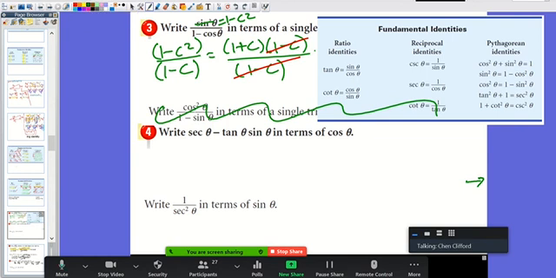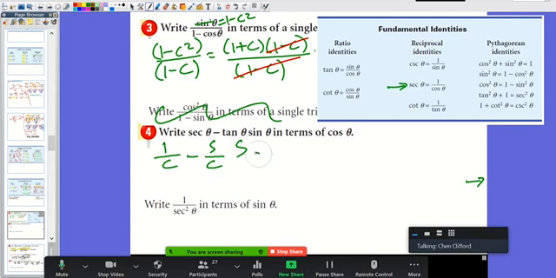secant is going to be 1 over cosine. Look right here. Boom. Tangent is sine over cosine, and sine is just sine. All right.